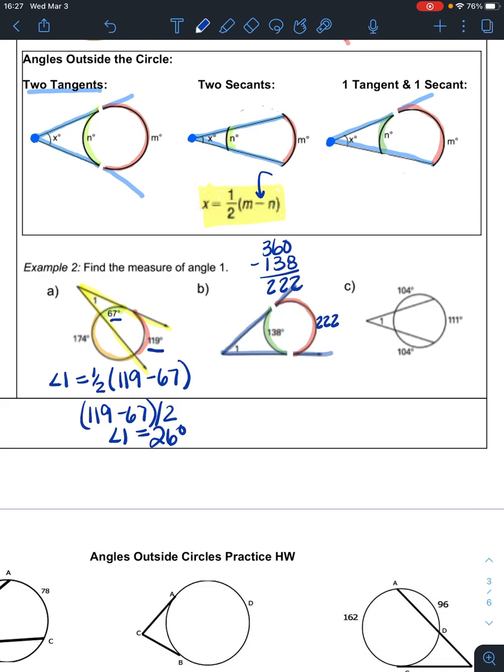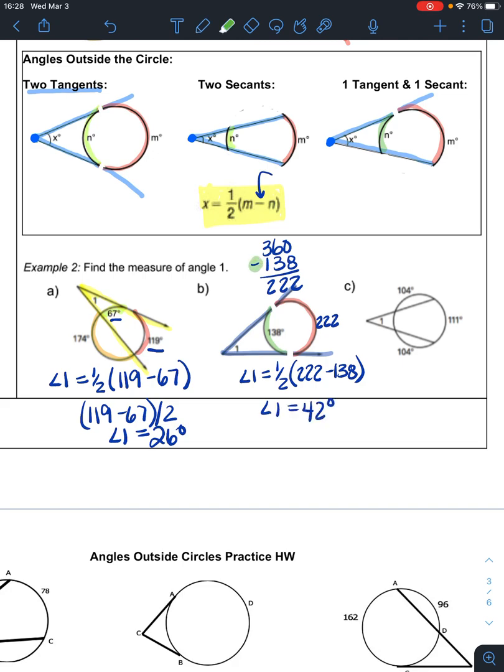Okay, now I have the pieces that I need. Now I can use the equation. So now you do angle 1 is equal to half of the difference between them, 222 minus 138. So you type 222 minus 138, enter, divided by 2, and you get that angle 1 is 42 degrees.